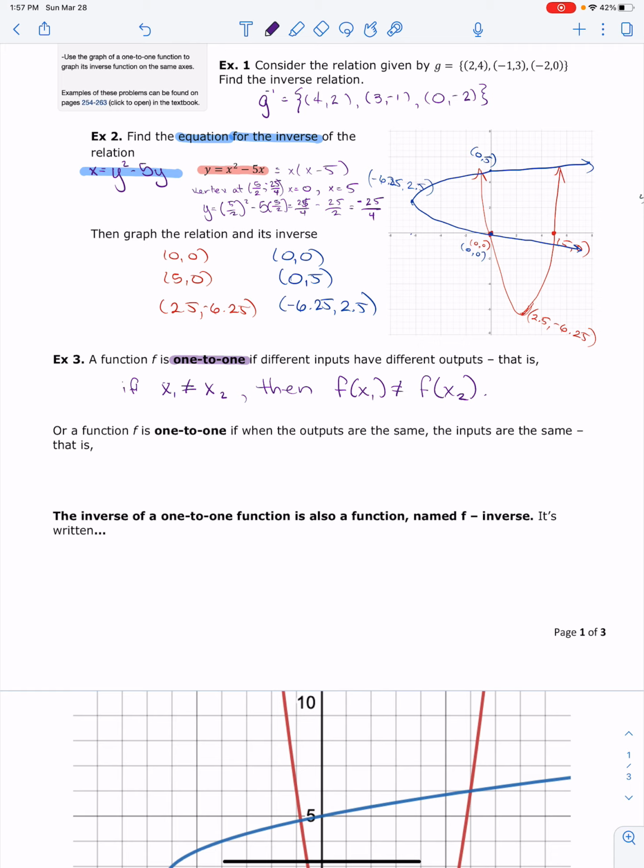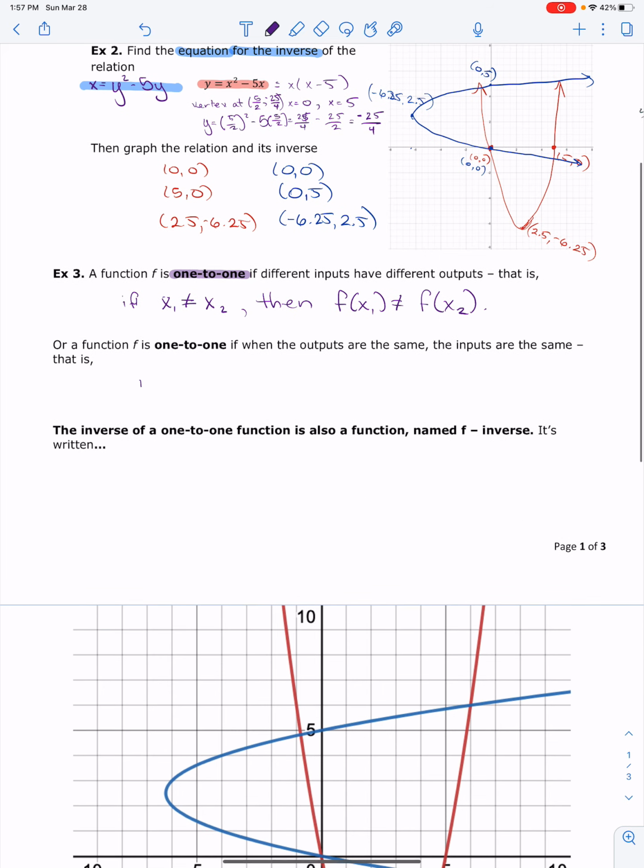It's one way to tell if a function is 1 to 1. Or let's go backwards. A function f is 1 to 1 if, when the outputs are the same, so if f of x sub 1 equals f of x sub 2, the only way we can get that is if our inputs were the same.